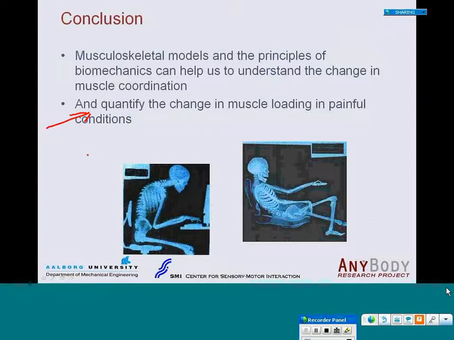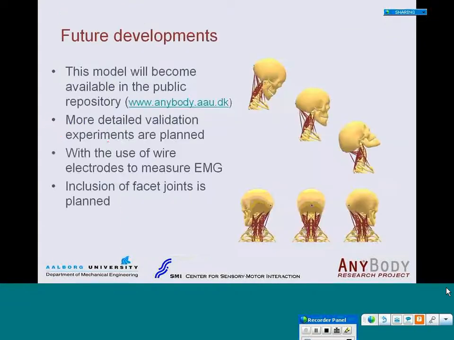The future developments are that this model will become available here in the autumn in the public repository. As already said, we did some pilot validation experiments with wire electrodes, but we're planning to do more detailed validation experiments, because now we have 4 muscles only. I think they look promising.